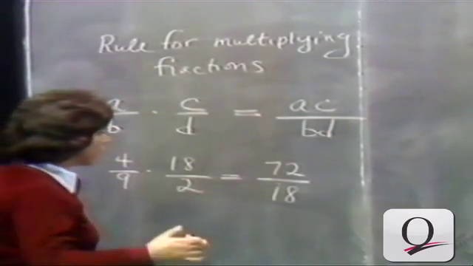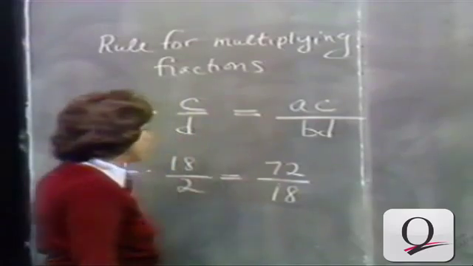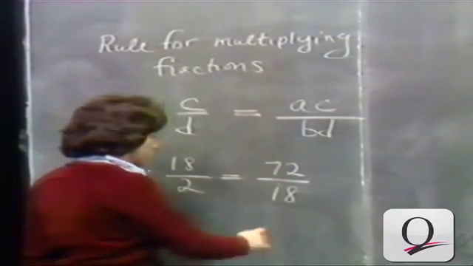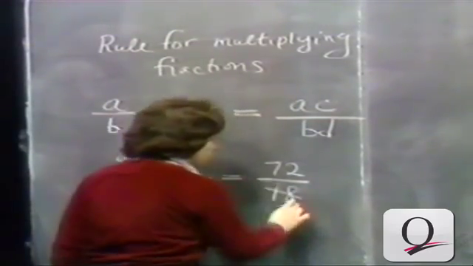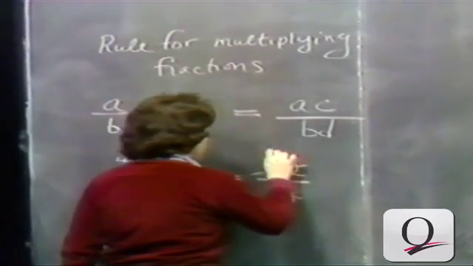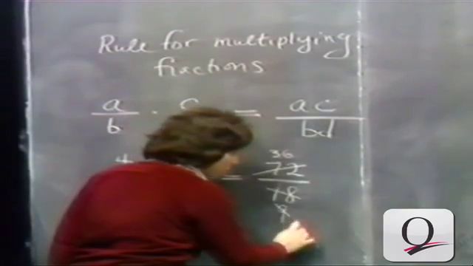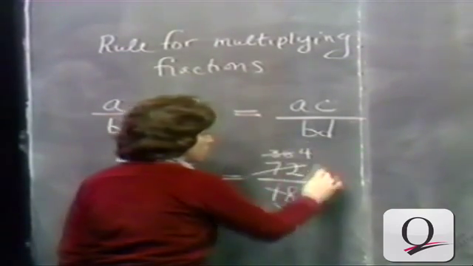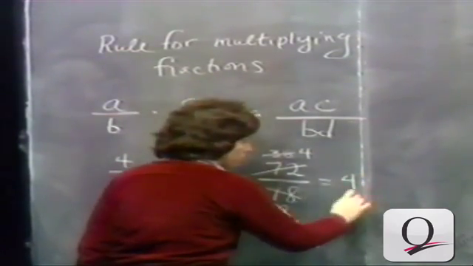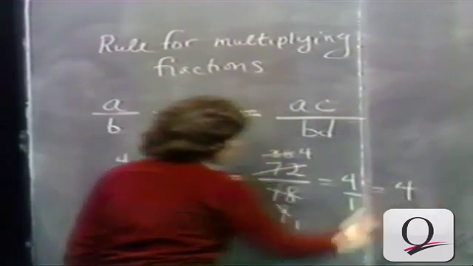That is, there should be no factors in common to the numerator and denominator. So let's see. 2 goes into 18 9 times. 2 goes into 72 36 times. So apparently we could have done better than 2. 9 goes into 9 once, into 36 4 times, for a final answer of 4 over 1, or just 4.